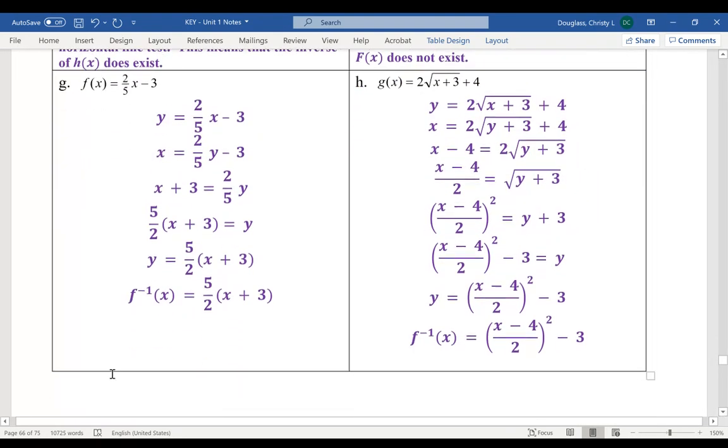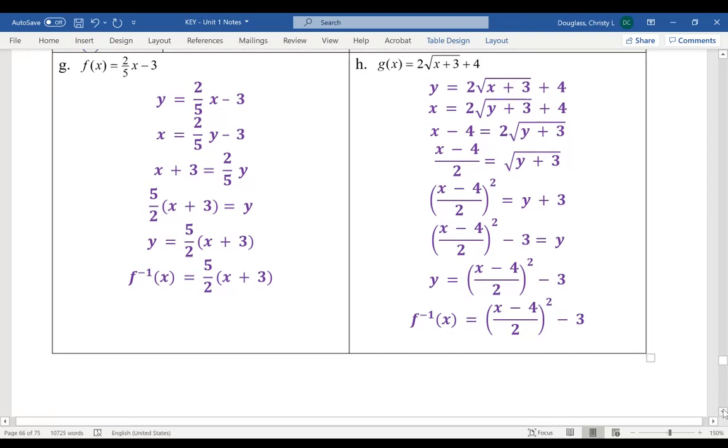Let's take a look at the next two examples. Again, you might want to consider pausing the video, writing down the examples, and then join me back here so that we can talk through these.